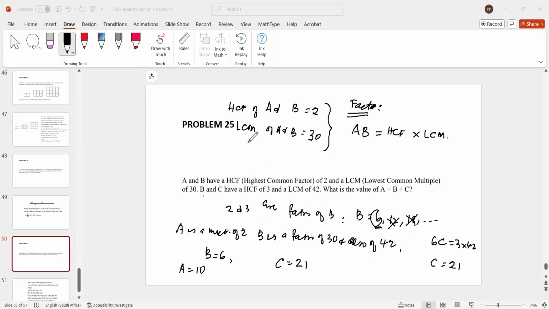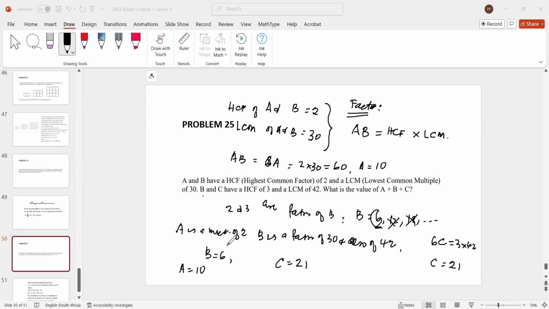And likewise, if you take the first two, AB is equal to 6A, since we saw that B was 6. And that is the same as 2 times 30, which is 60. So you can see 6A is 60, so A is 10.